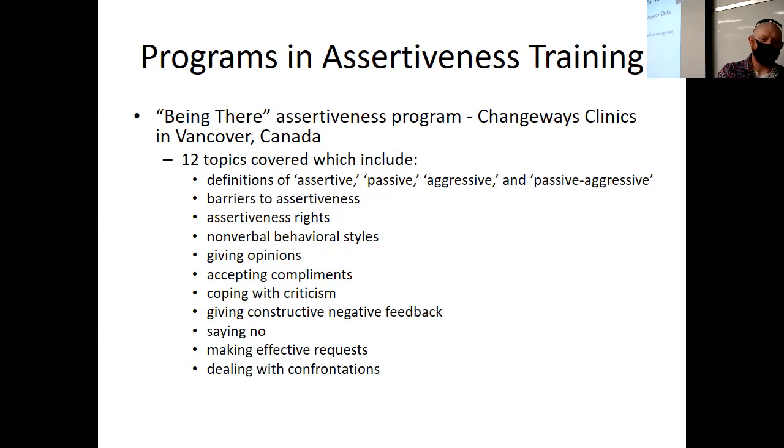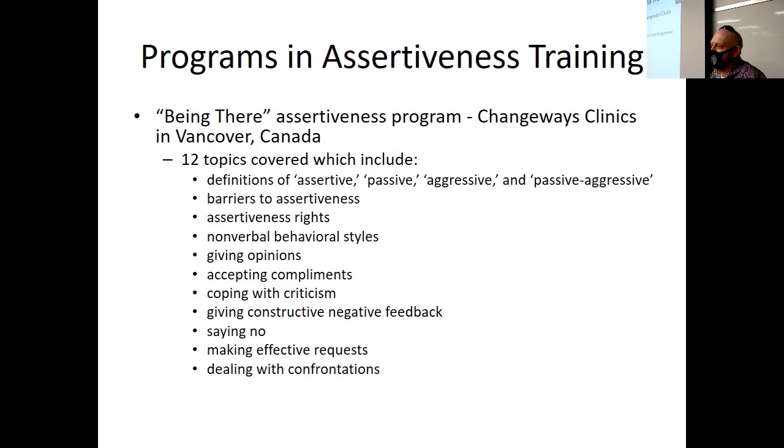Making effective requests: the way we ask for things or the way that we request things, a lot of times it matters the way we ask and the way that we approach someone as to how effective it's going to be. And dealing with confrontations is the last thing that they have listed here.